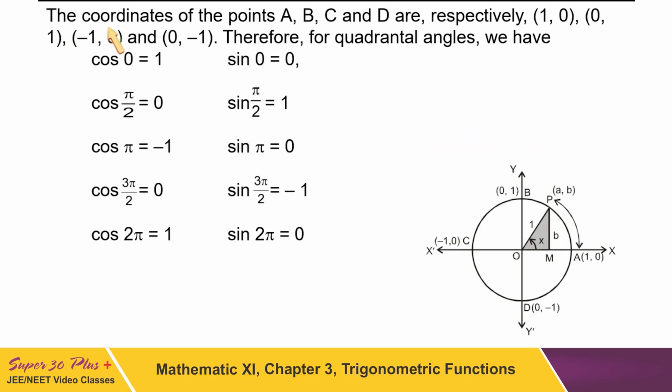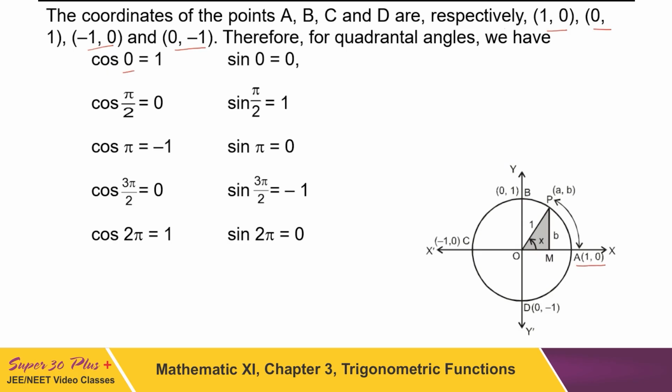Students, the coordinates of points A, B, C, D are respectively (1, 0), (0, 1), (-1, 0) and (0, -1). Therefore, for quadrantal angles, what is the meaning of angle 0? Angle 0 means this OP ray comes to the OA line, then the angle will be 0, and corresponding to this, the point (1, 0) is obtained.